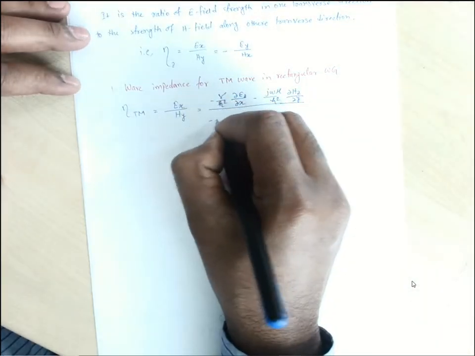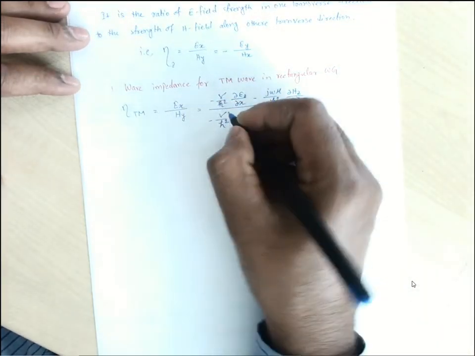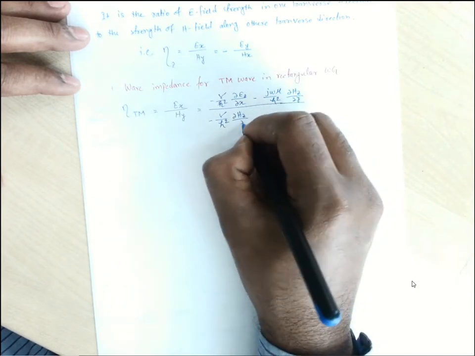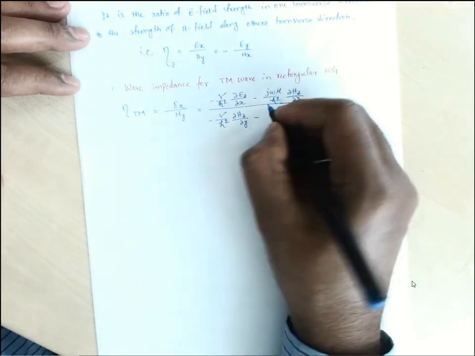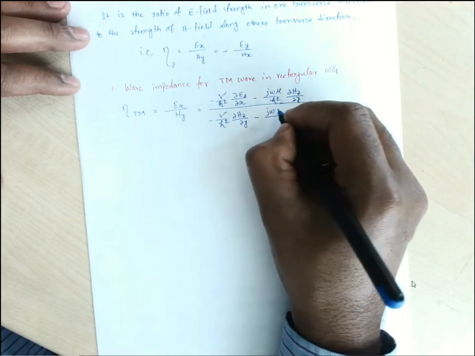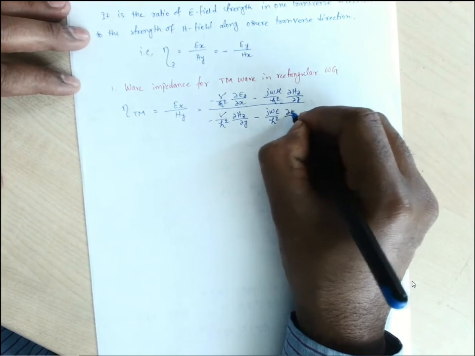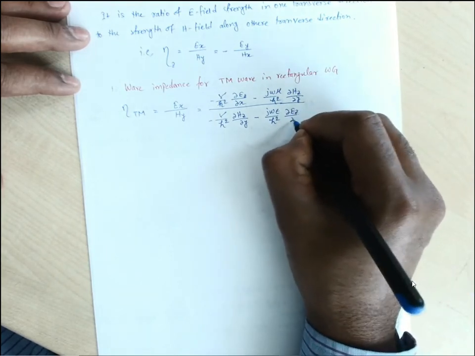Similarly, minus gamma by h square del Hz by del y minus j omega epsilon by h square del Ez by del x.